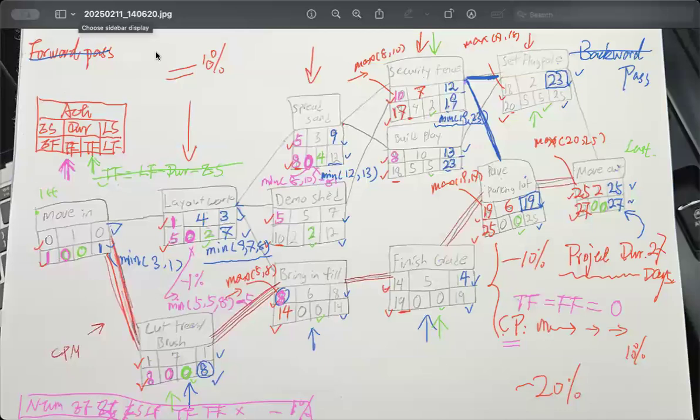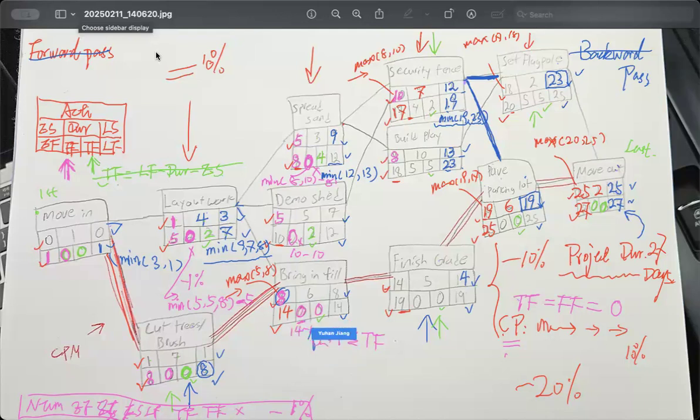This one only has one successor, so it is 10 minus 10, you're getting 0 as well. Here is 0, which is correct because your total float is already 0, right? Free float is always less than or equal to the total float, and larger than or equal to 0. So getting 0 here is correct.